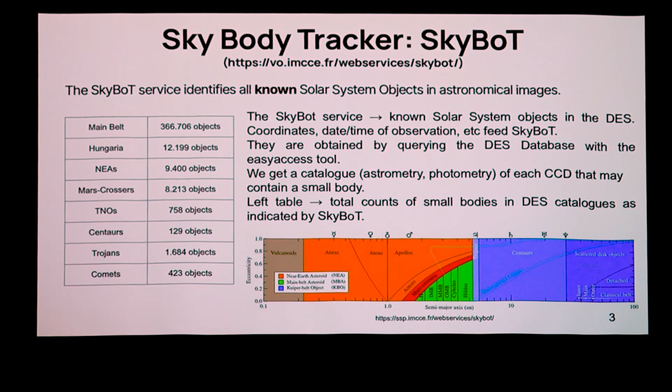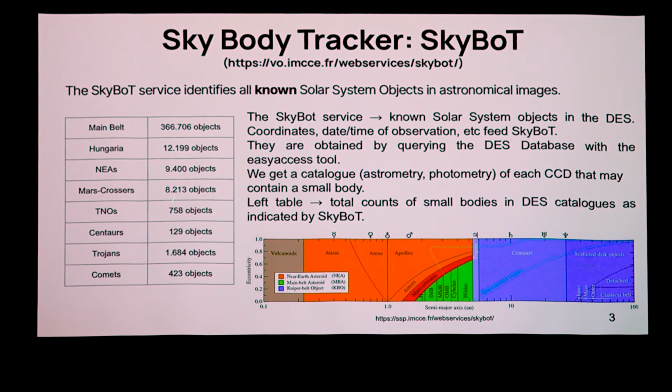Whenever there is an object of interest, we download all the measurements, astrometric and photometric, to our local computers. Here we have a count of all the objects that we found.